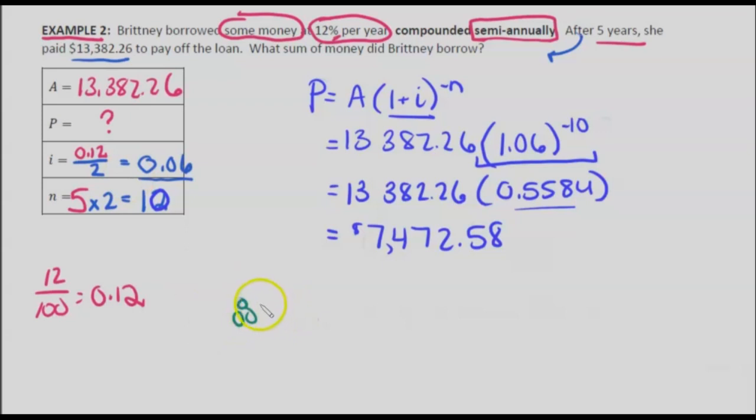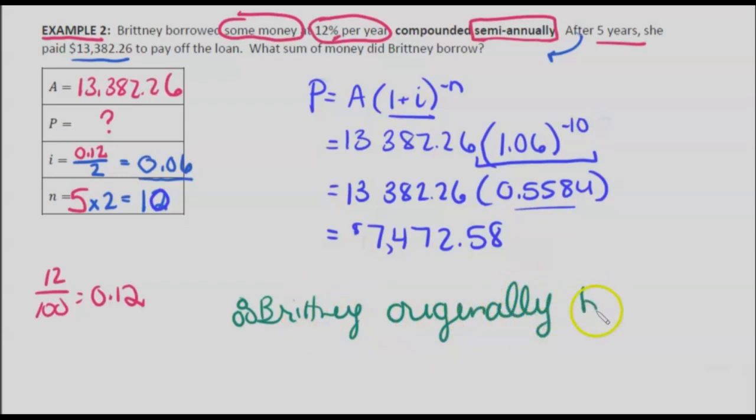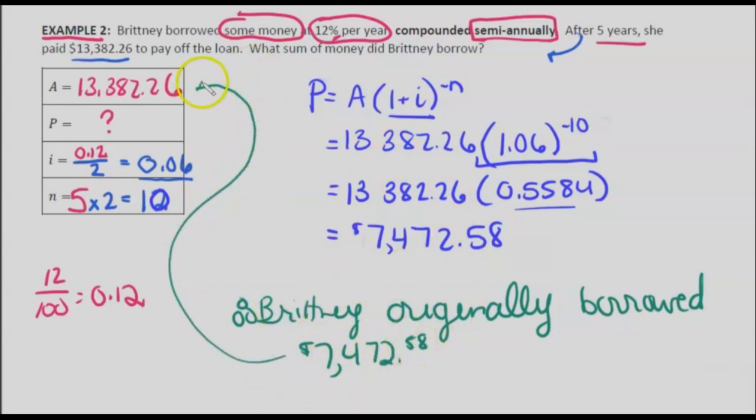Okay, so what this means is that Brittany originally borrowed $7,472.58. Okay, if you think about borrowing $7,000 and then having to pay out $13,000, that's a lot of interest. You're thinking roughly $6,000 in interest. Just by borrowing that money at a really high interest rate, 12%, she's almost doubling what she needs to pay.